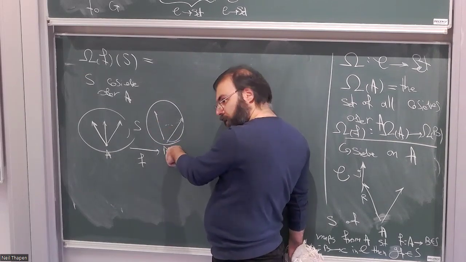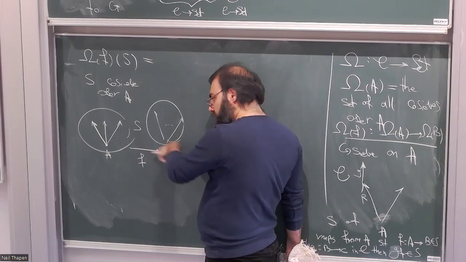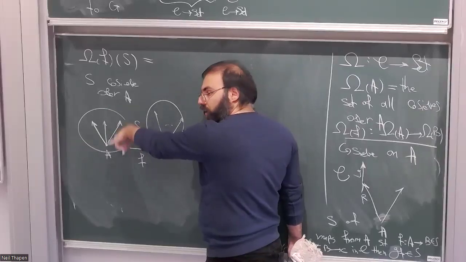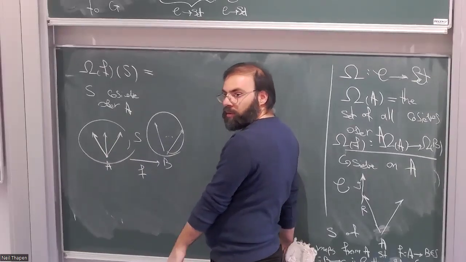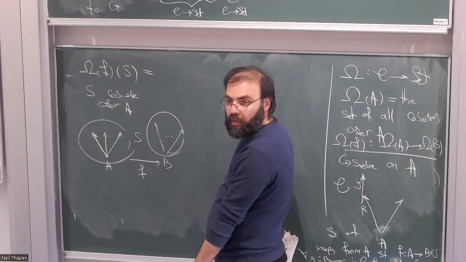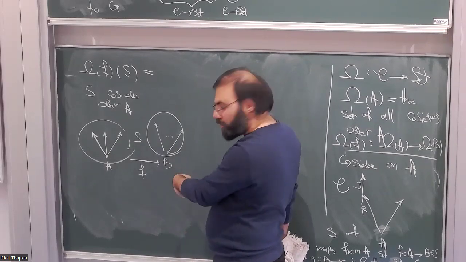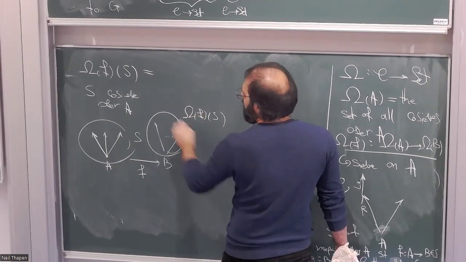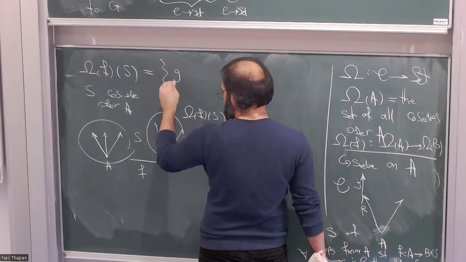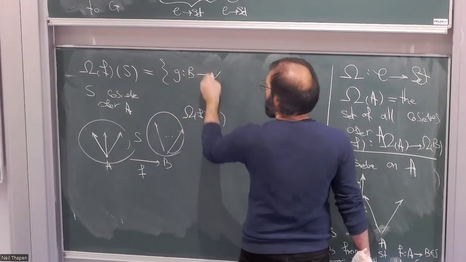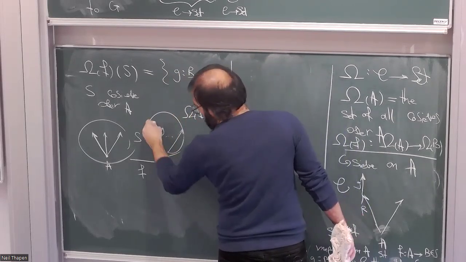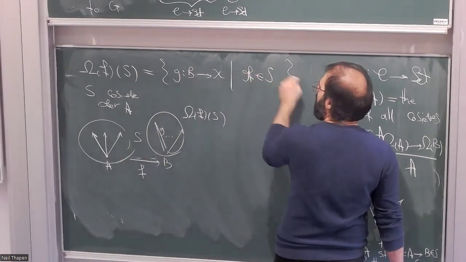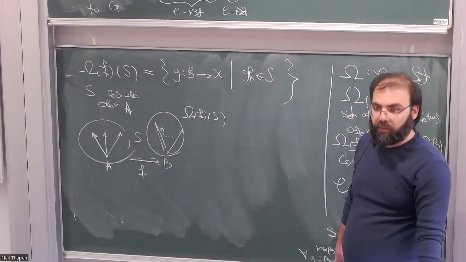All the maps such that if you compose with F, they are inside S. F is this way. So you have to define this guy, this is omega F of S. So I'm saying that this is just all the G, B to X, such that if you compose G with F, it is in S.